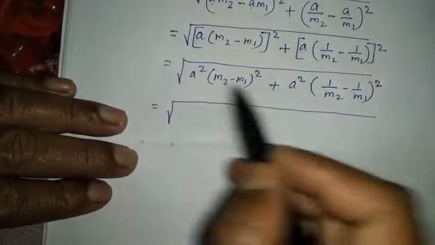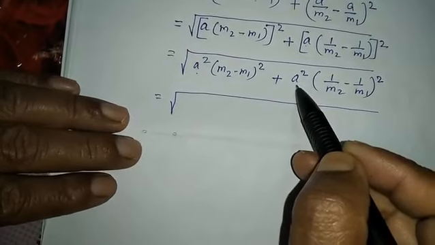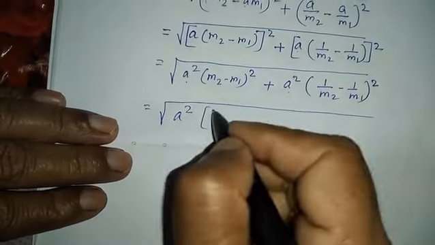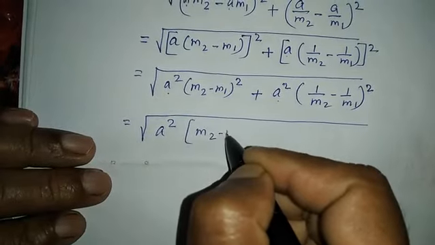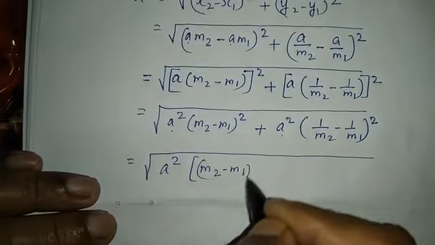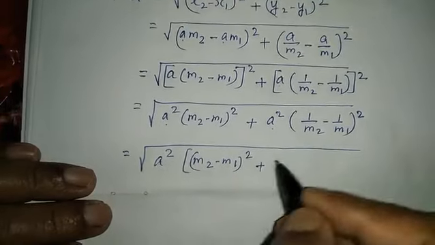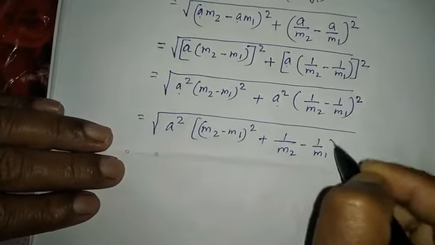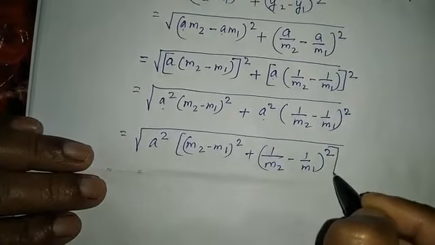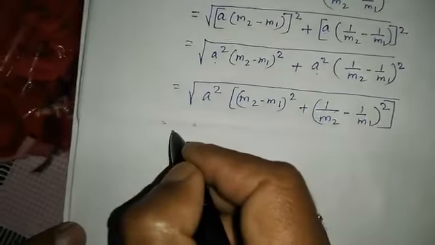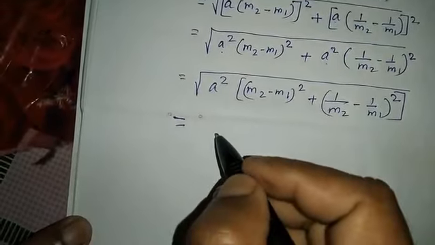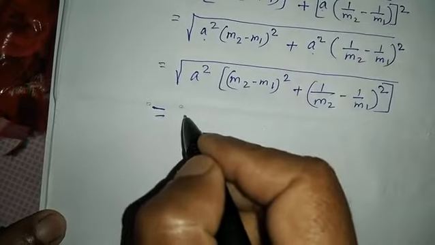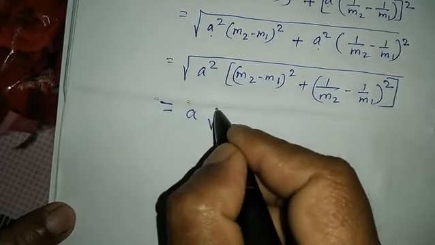These 2 terms, a square is common, so that a square can be taken outside, so we get a square into (m2 minus m1) square plus, that a square outside, remaining (1/m2 minus 1/m1) square, close the bracket. That's equal to, let us take the square root of a square. Square root of a square is a, that can be taken outside.